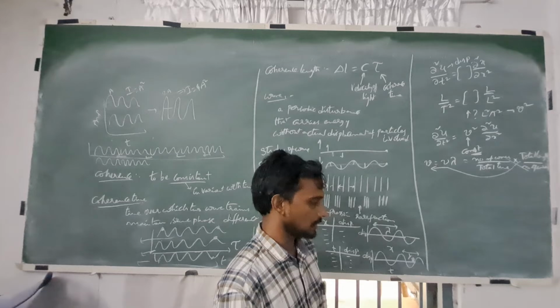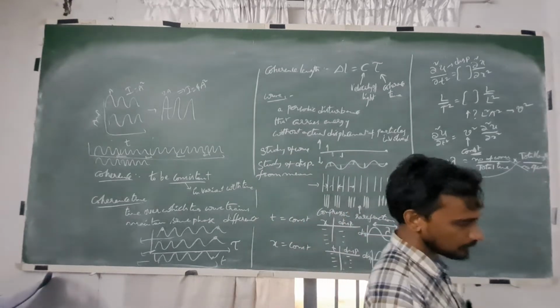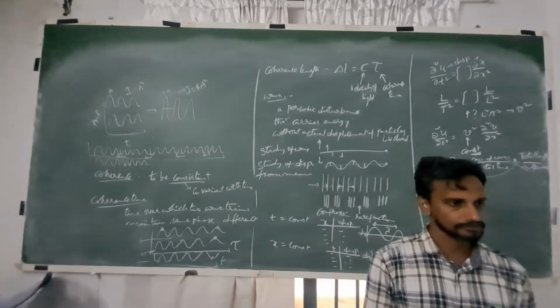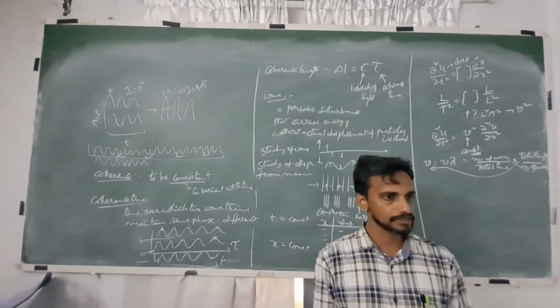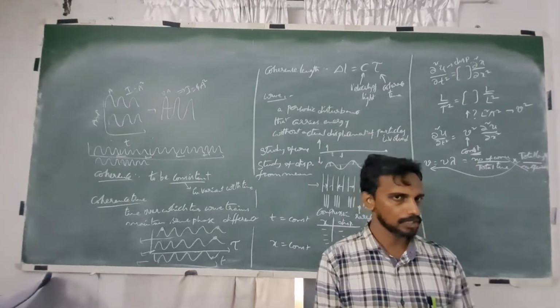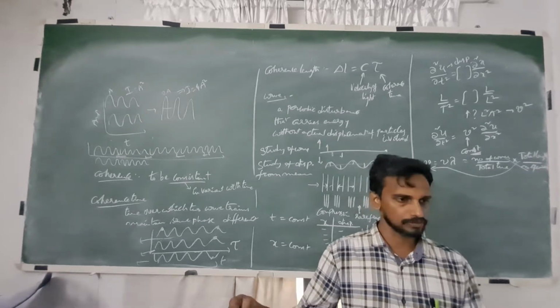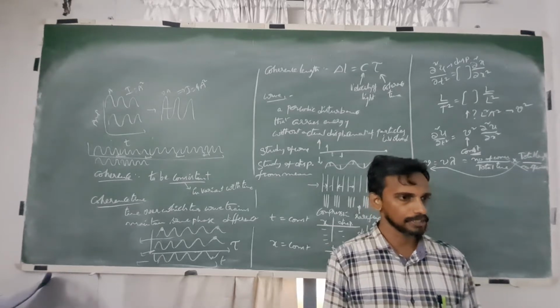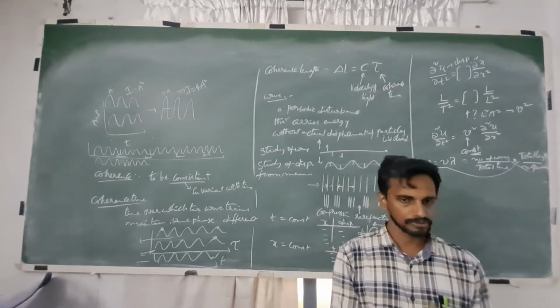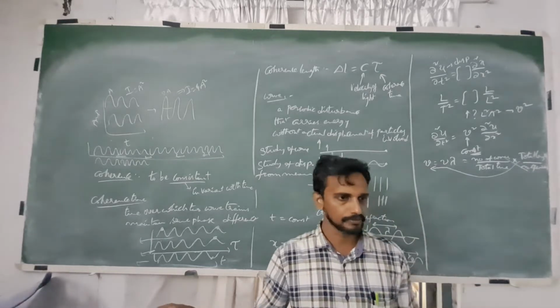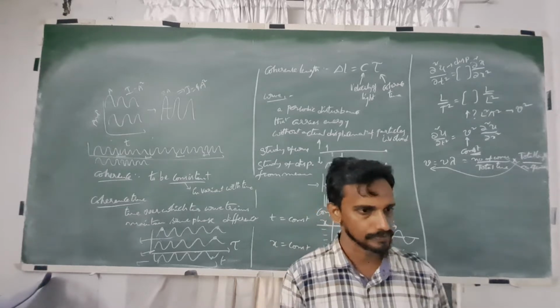So what is the implication of that? What is the consequence of that? What happens if velocity remains the same? For all colors, velocity is the same. So we have blue at 3000 or 4000 angstroms, green at 5000, yellow at 6000, red at 7000. So we have a visible light spectrum from 3000 to 7000 angstroms.